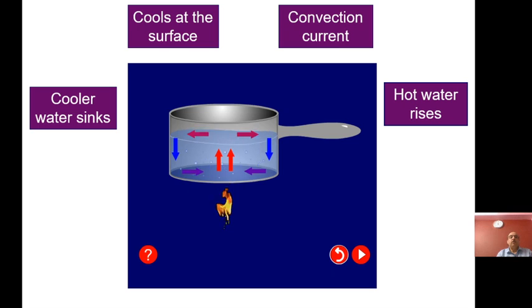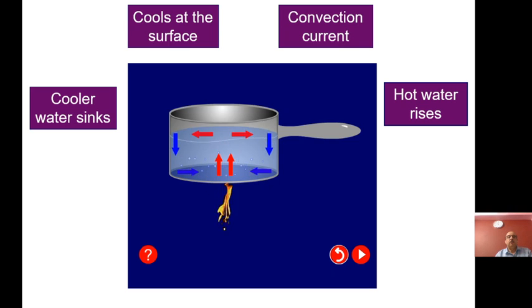Now, here we have another example, the water movement. Here, the water is heated by the burner. What happens? The hot water molecules rise as they become less dense.